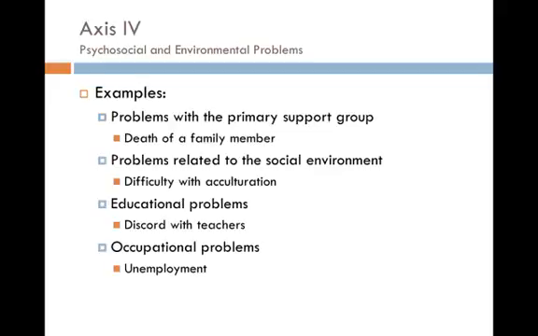There may also be educational problems, for example, discord between students and their teachers, as well as occupational kinds of problems. Unemployment, for example, would be a major issue that would be reflected in the DSM under Axis 4 as it relates to the individual.